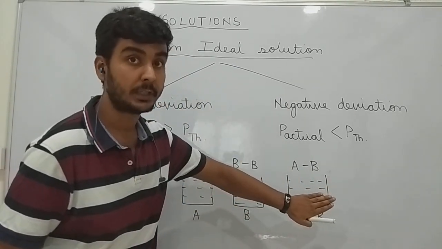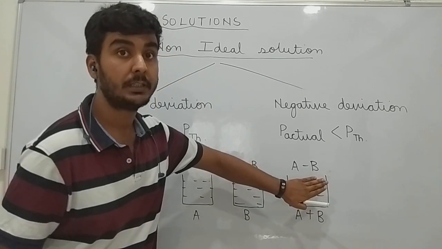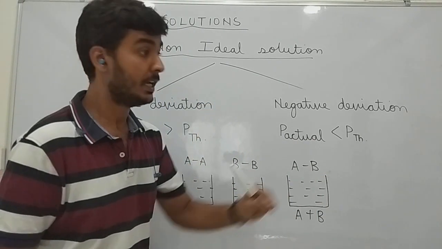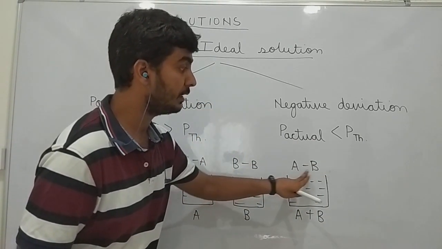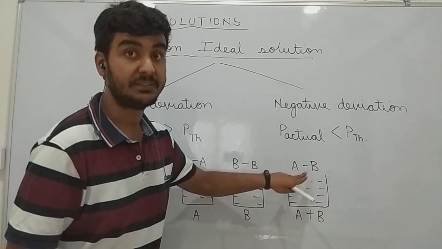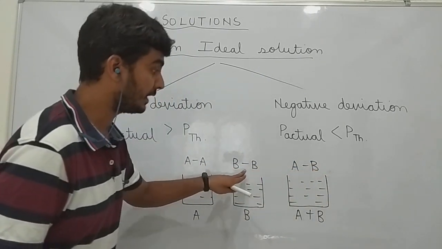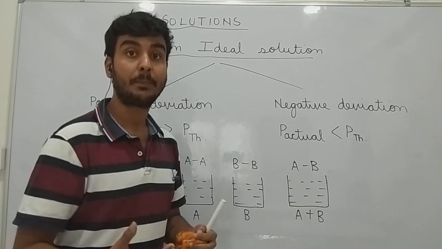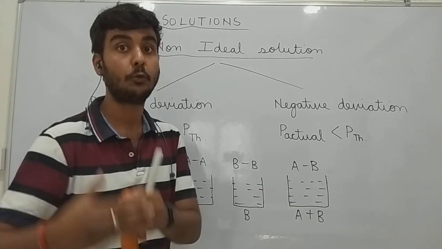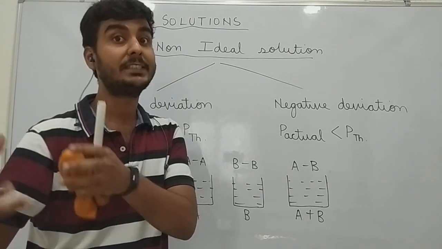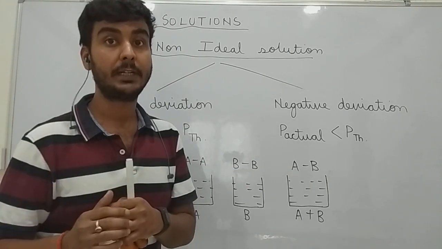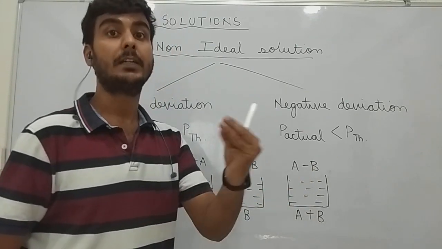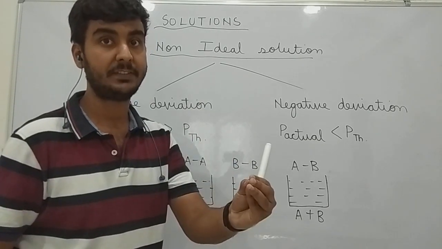So this solution will exert higher vapor pressure because the force of attraction between the molecules A and B is weaker as compared to the force of attraction between AA and BB. So now the vapor pressure of the solution comes out to be greater than what is calculated by the formula because the force of attraction is now weaker. So this is responsible for positive deviation.